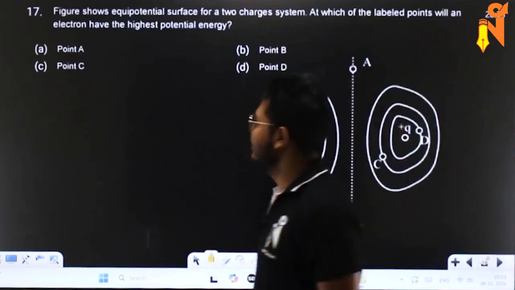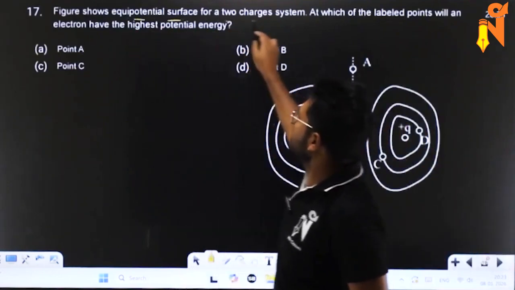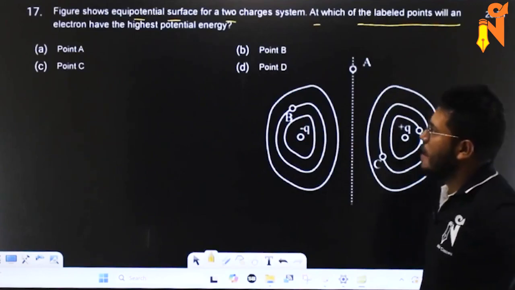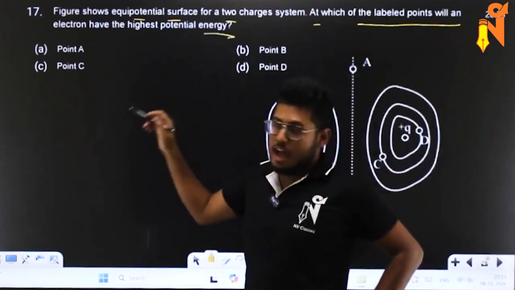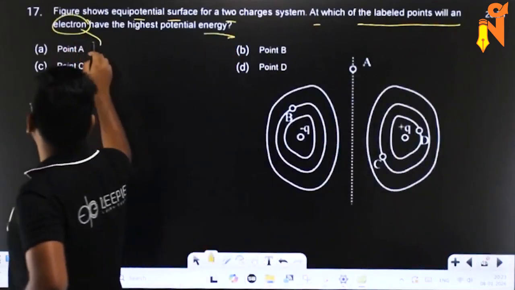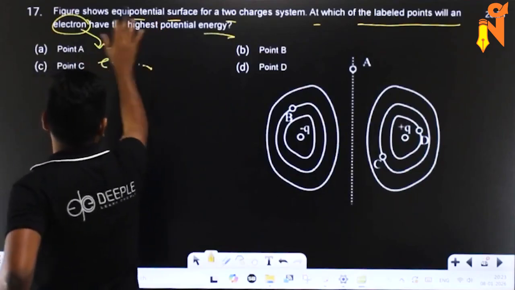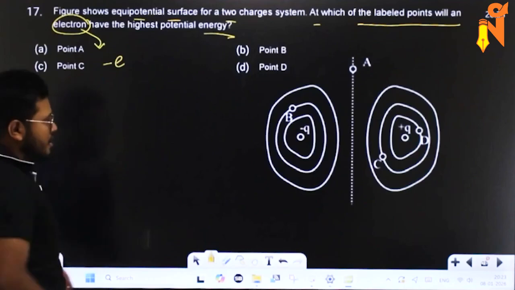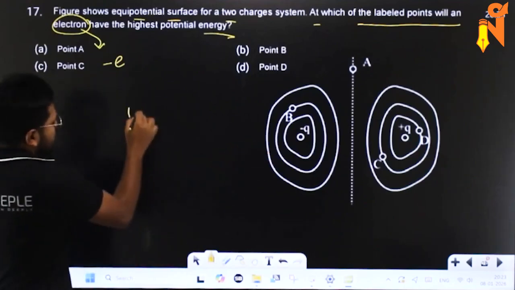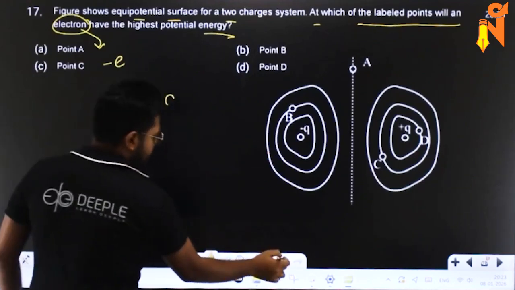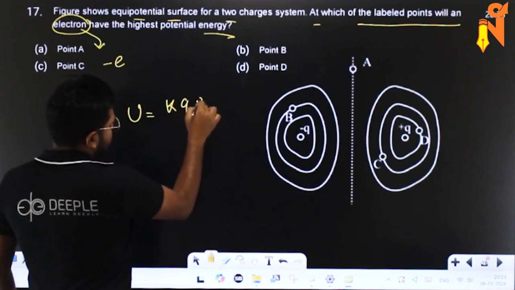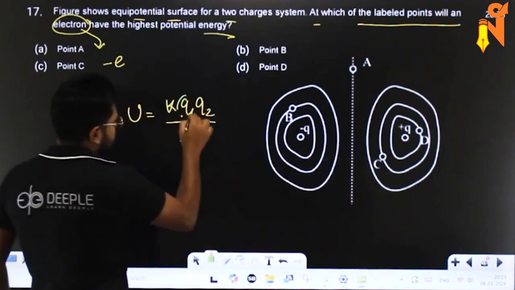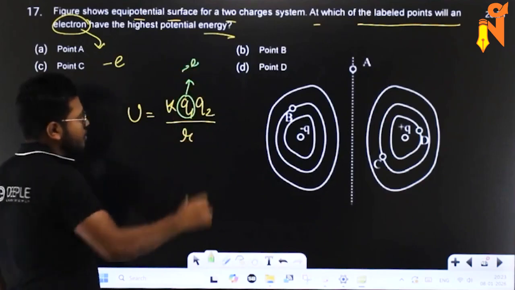Okay, nice. Next question. Figure shows equipotential surface for two charge system. At which of the labeled points will an electron have the highest potential energy? Look, electron basically means a negative charge, minus e. Now if you know potential energy U is given as K Q1 Q2 by R, one of them is already negative.